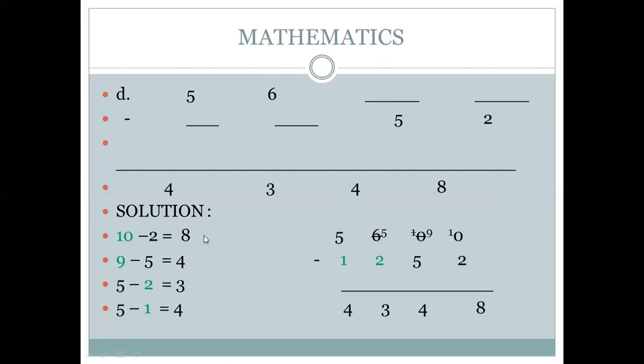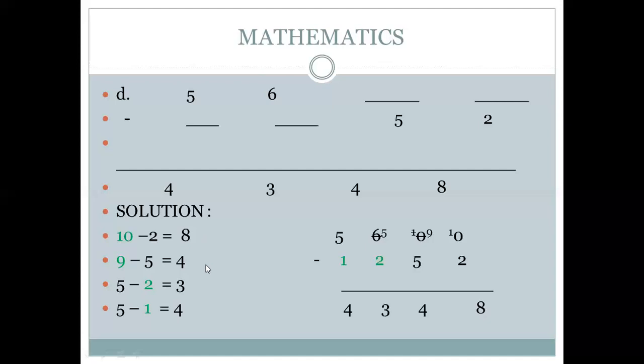Then the second number, come to the second one. You see I have already done the solution over there. In the answer 4 is given, and above the 4, 5 is given. How did we get 5? From which number do we subtract 5 to get 4? 9. 9 minus 5 is 4. So it means our next number will be 9.